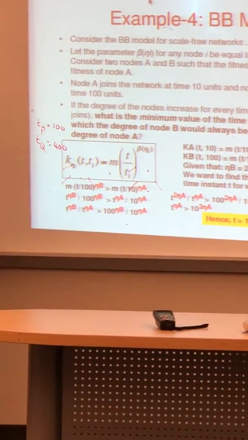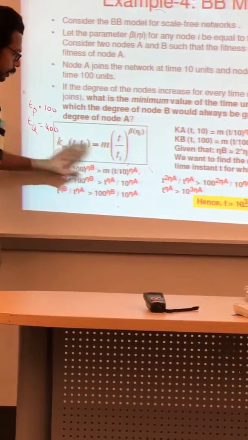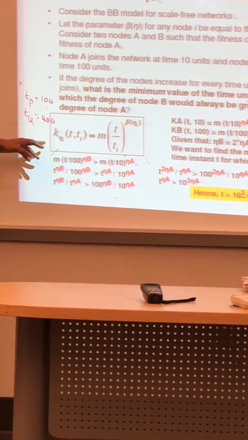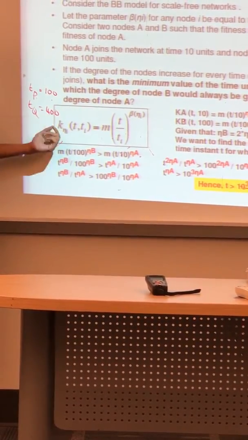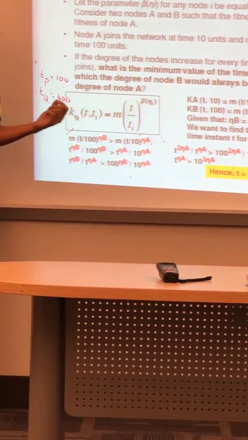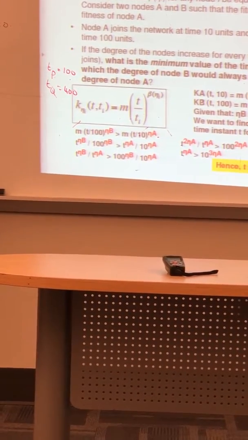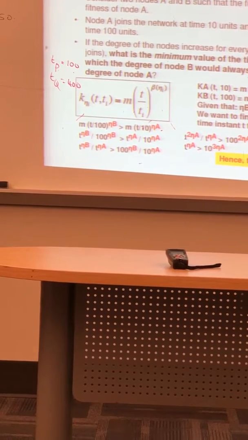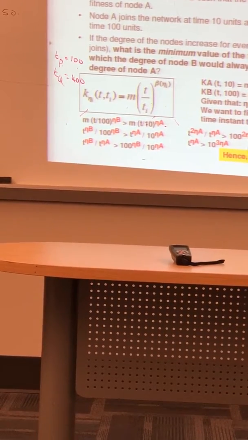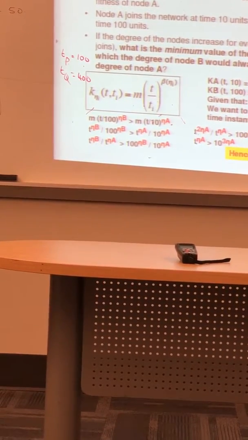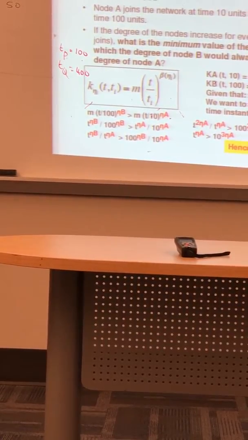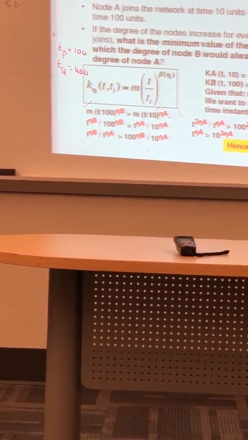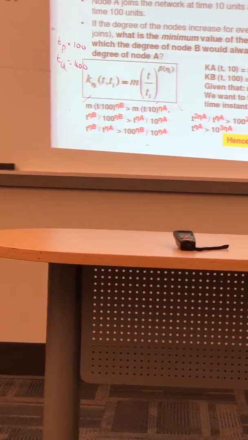In the BB model, this is the expression for the degree of a node that joined at some time Ti, at some future time T. Degree and time are opposite to each other? No, it's not opposite to each other.